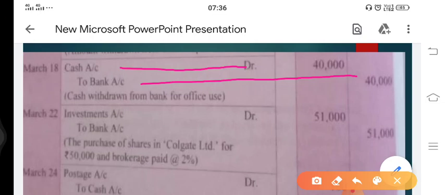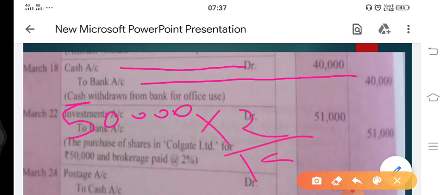Now if you remember, investment is an asset and we already have discussed that any amount paid in respect of acquisition of an asset is added to the cost of that asset. So here the investment was costing rupees 50,000 and we are also paying brokerage of 2%, that comes to 1,000.